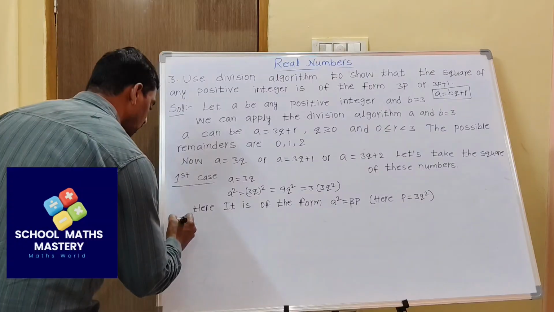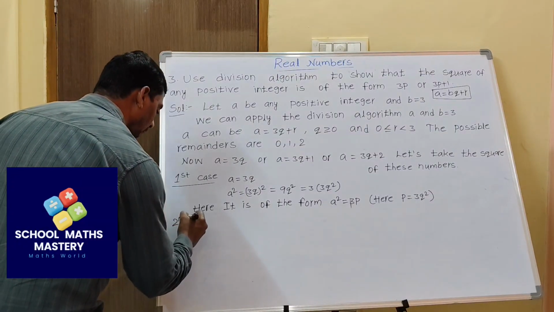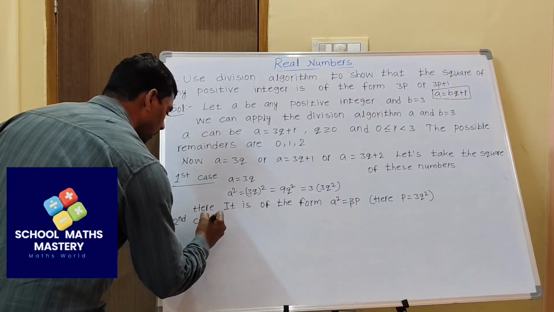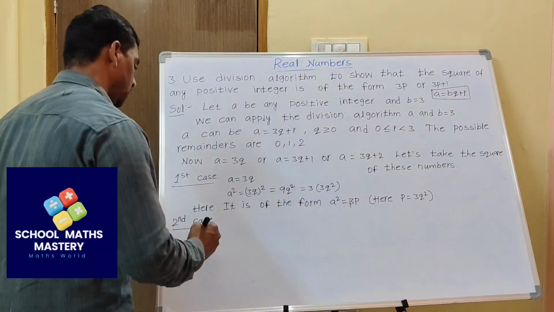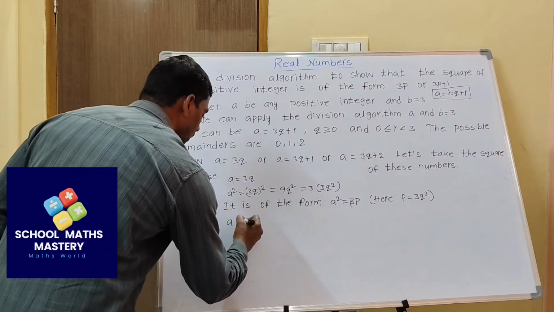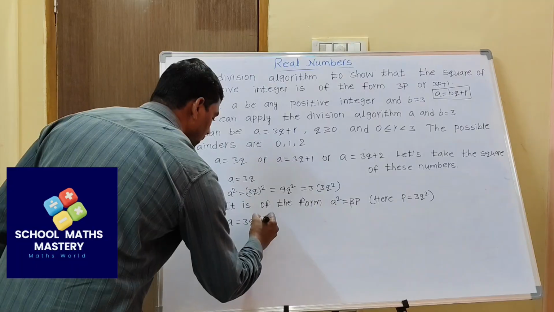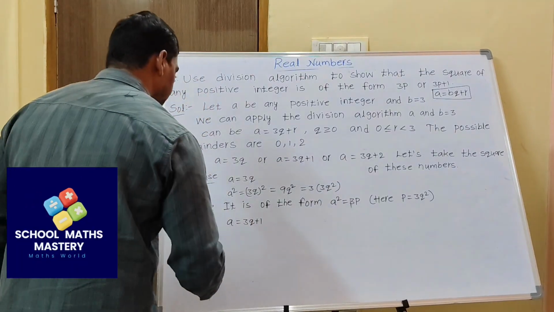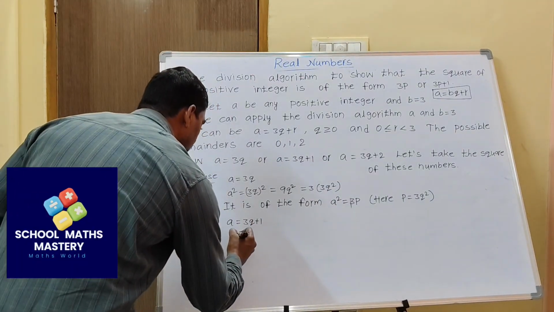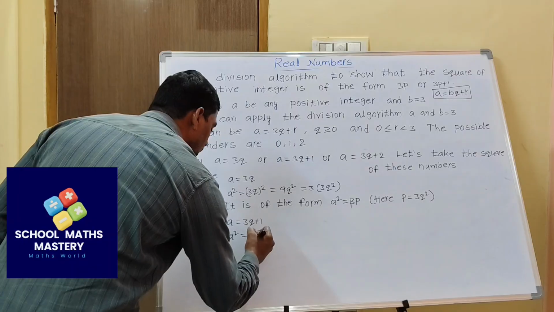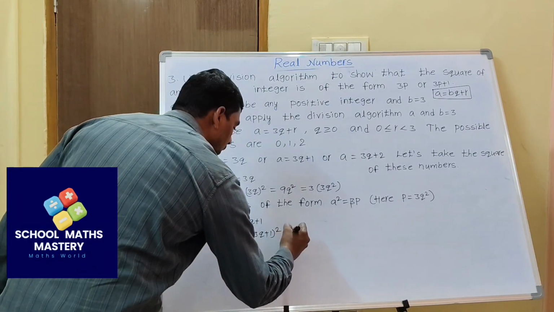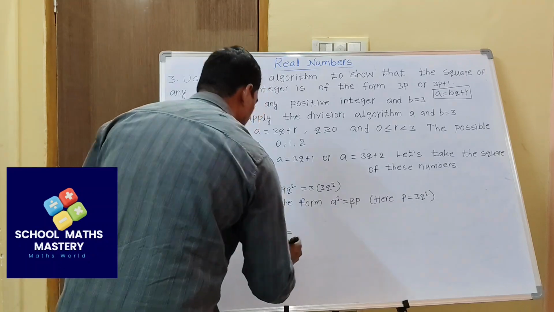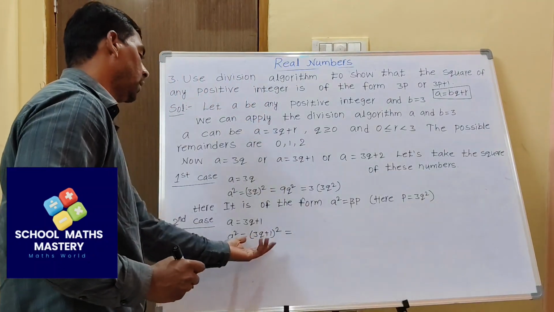Now second case, a equals 3q plus 1. a square equals 3q plus 1 whole square, this is like a plus b whole square.